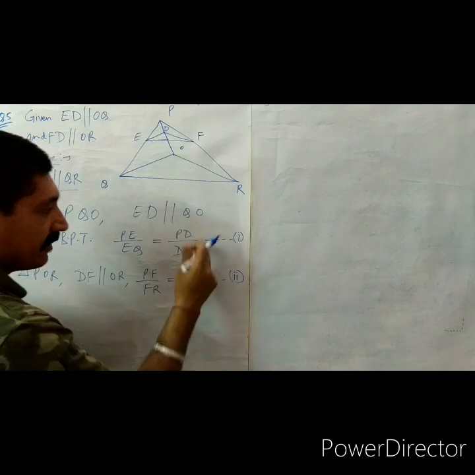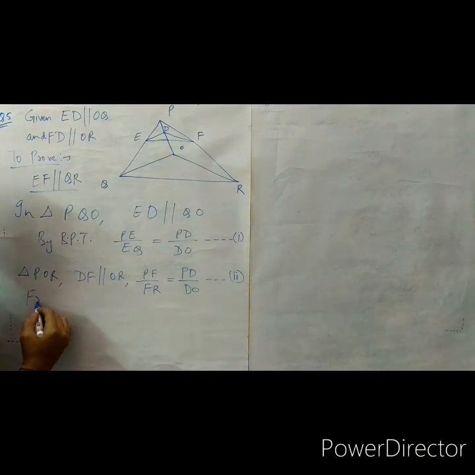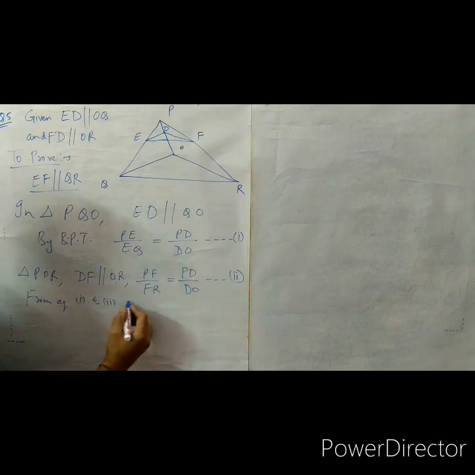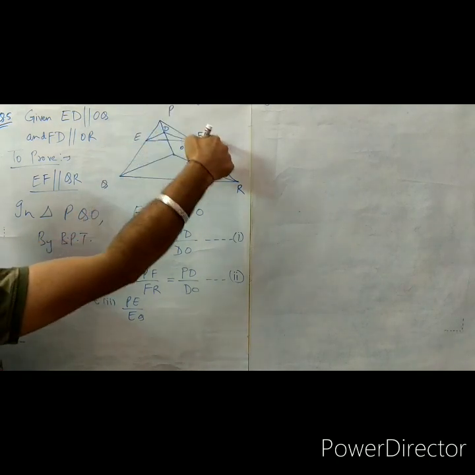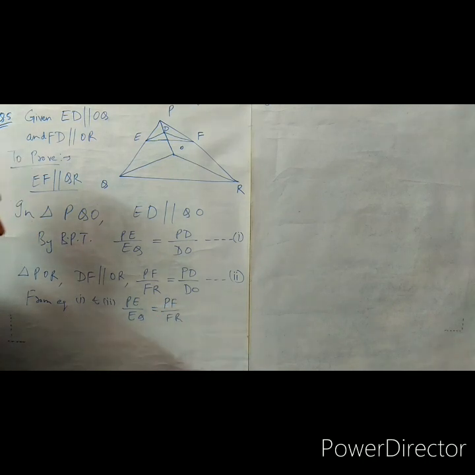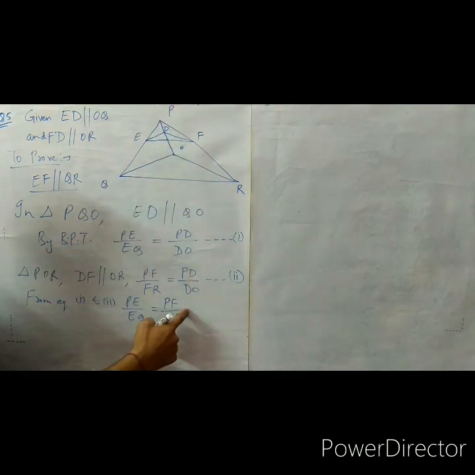So it is evident from equation 1 and 2, the right hand sides are equal. This implies that PE upon EQ is equal to PF upon FR.